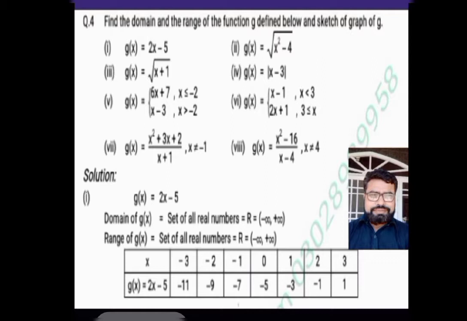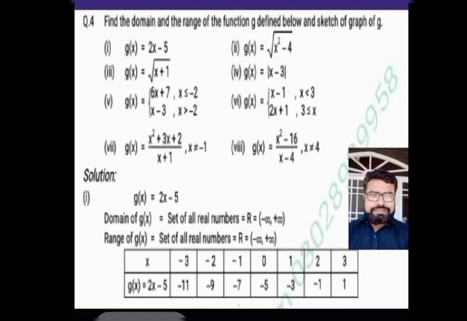Function name can be f of x, g of x, h of x, r of x, p of x, whatever can be the name of a function. Here the function name is g of x, and we will find the domain and range of these functions.